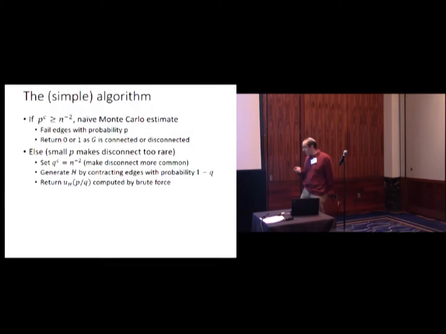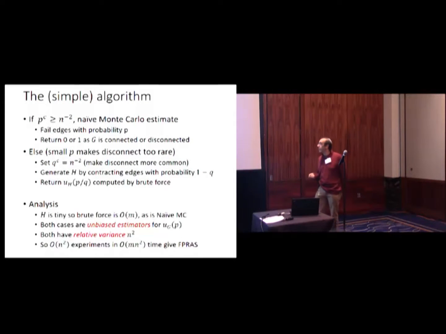So that's the algorithm. The analysis involves a couple of claims. The first is that the graph H is so small that you can brute force the calculation of H's unreliability. The second piece of the argument is that both of these algorithms, the naive Monte Carlo algorithm and this more sophisticated one, produce unbiased estimators for the unreliability.